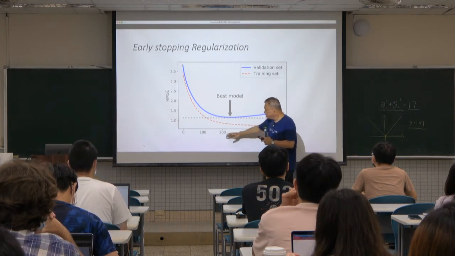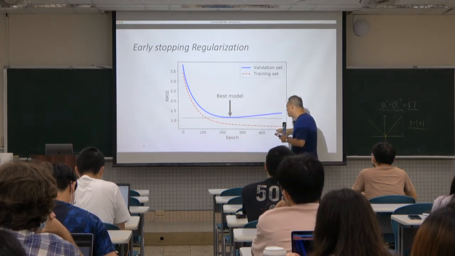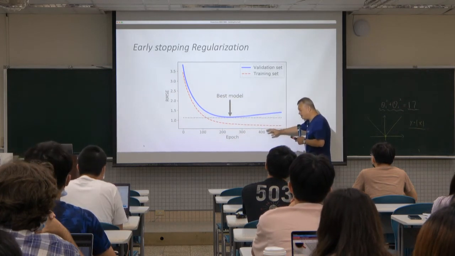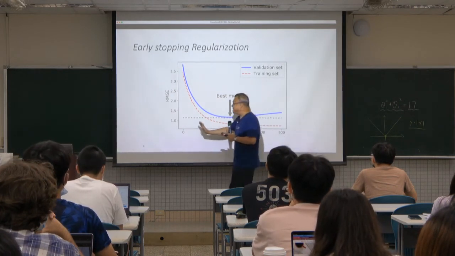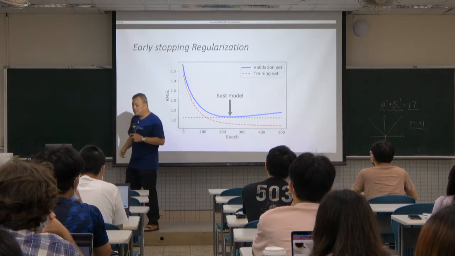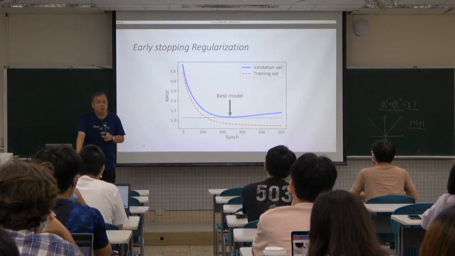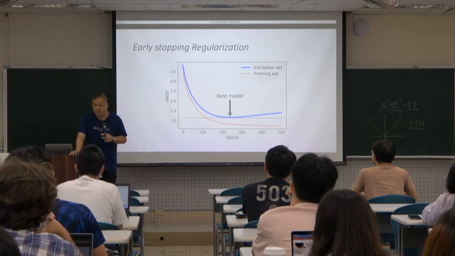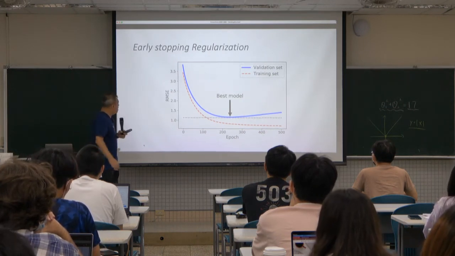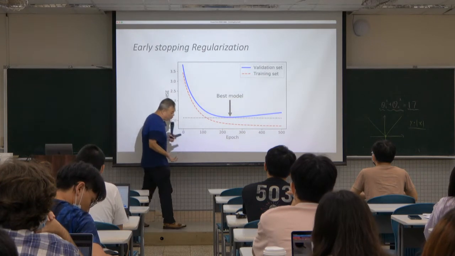So this represents the number of iterations. And the y-axis, as I said for the learning curve, you could use either the error or accuracy. Here we use RMSE, which is also one type of error.